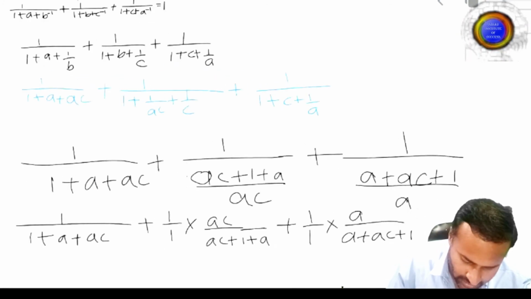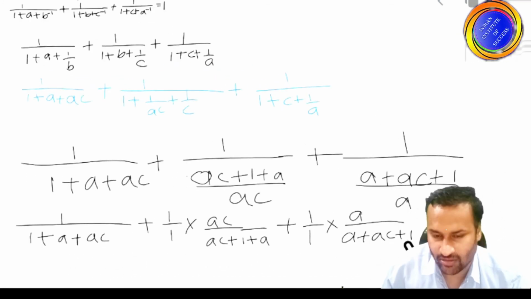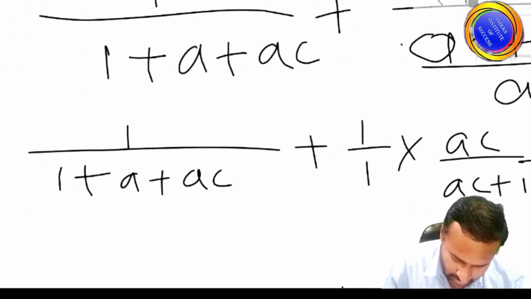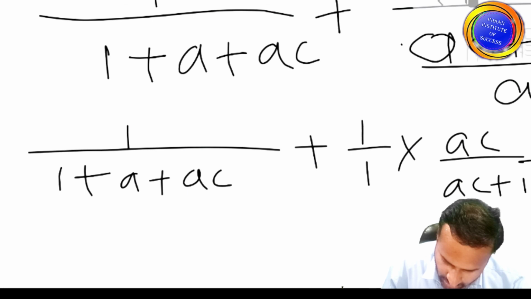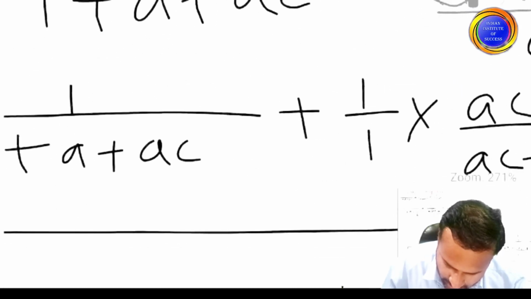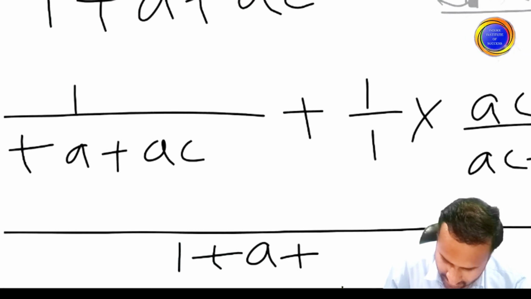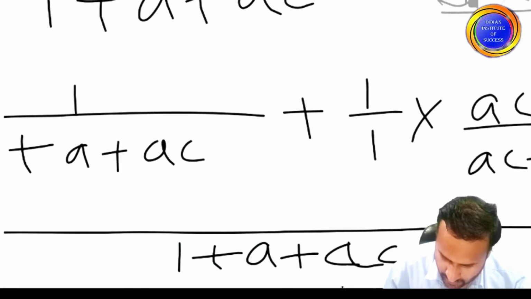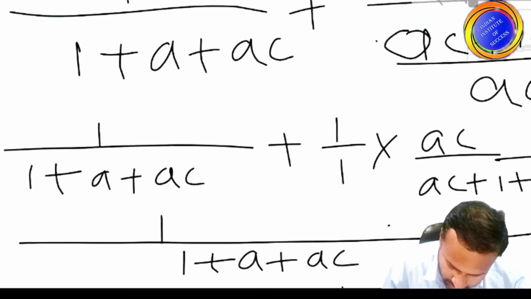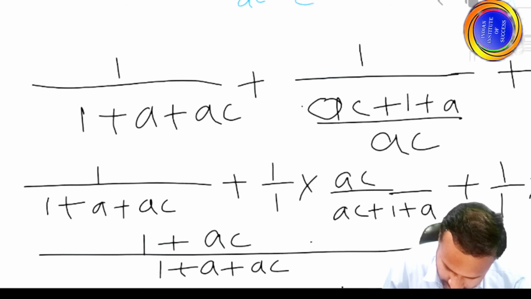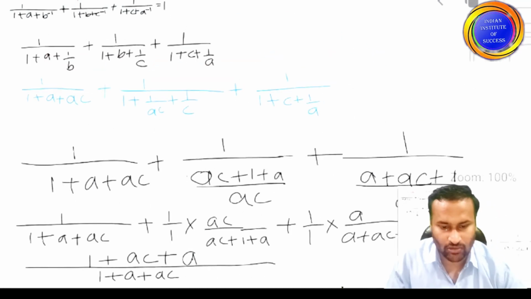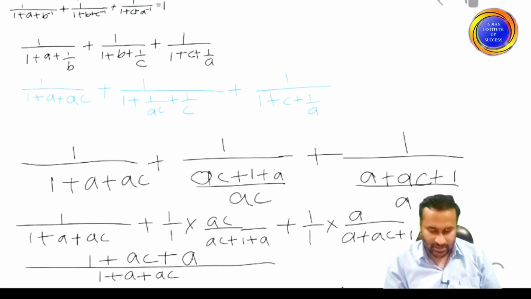You can observe that we have the same denominator in all. So we take the common denominator, 1 plus a plus ac, and here also 1 plus ac plus a only. I hope you understood that all denominators and numerators are becoming the same.